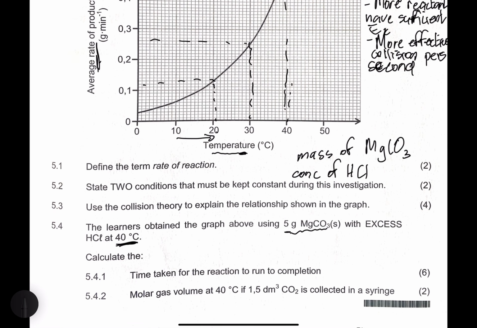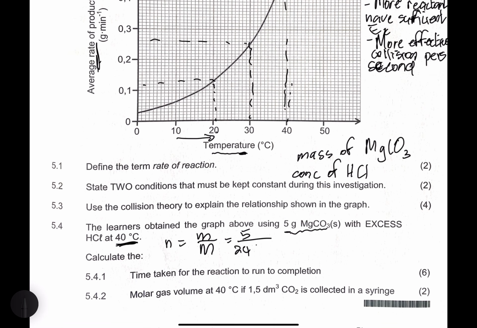Okay, so I'd say, well, with the 5 grams of magnesium carbonate, the number of moles is going to be mass divided by molar mass. We've got 5 grams. Now remember, for magnesium carbonate, we would have to look at our periodic table, right? So let me just open my periodic table over here. Magnesium is 24.